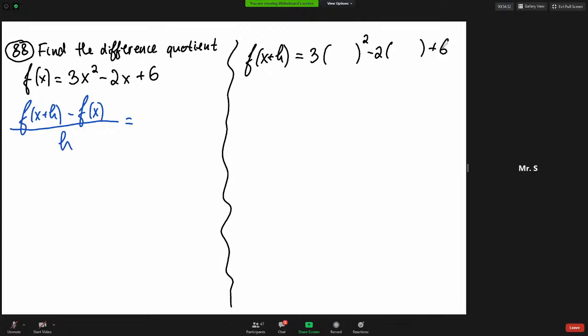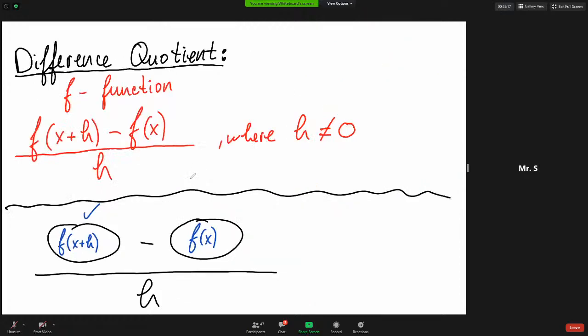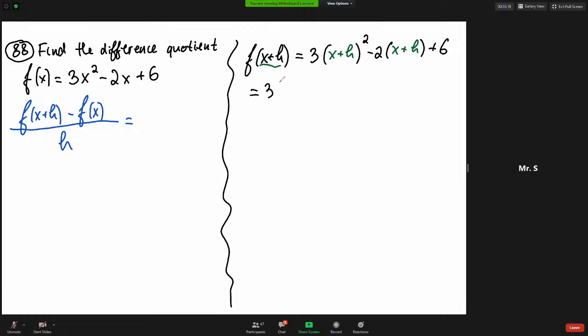So my input here is x plus h. We just did an input of a plus b, so we were already introduced to squaring something like a plus b and remembering the formula, distributing. So we're going to do a very similar process here. We're going to square x plus h using the same formula.